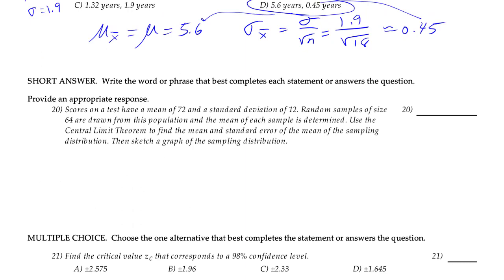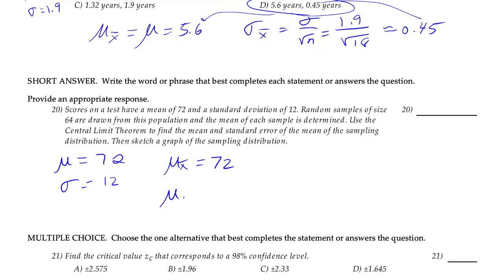Scores on a test have a mean of 72 and a standard deviation of 12. Random sample of 64. Find the mean and standard error of the sampling distribution. They've told us that the mean of the population is 72 and the standard deviation of the population is 12. Again, easy to find the mean of the sampling distribution, that's the same.